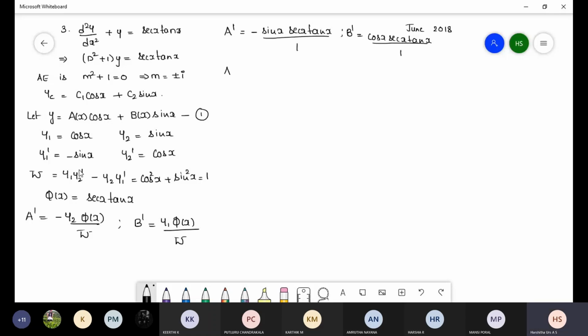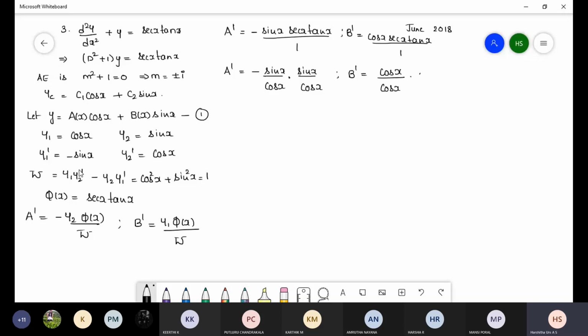Now a dash is equal to minus, here I just write sin x, secant x means 1 by cos x, tan x means sin x divided by cos x. B dash, cos x I will write as it is, secant x means 1 by cos x.